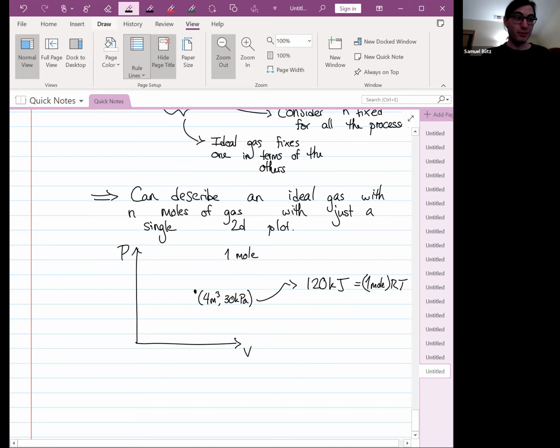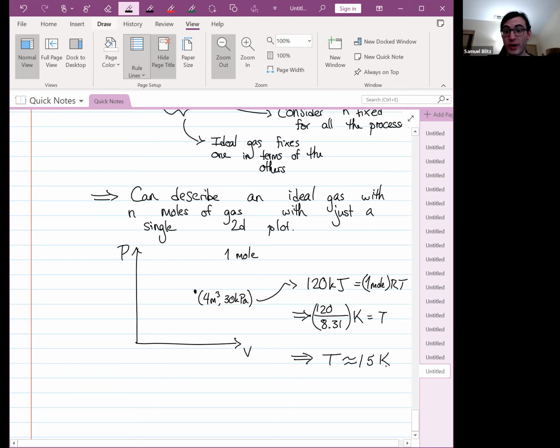Now R is 8.3-ish. So 120 divided by 8.31 Kelvin equals the temperature, which is about 30? No, not 30, 15. So the temperature is about 15 Kelvin. Not 15 degrees, 15 Kelvin.